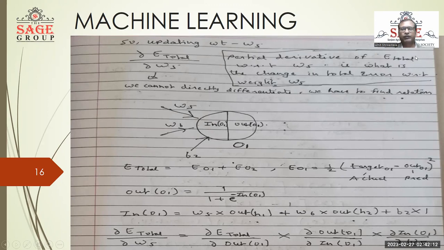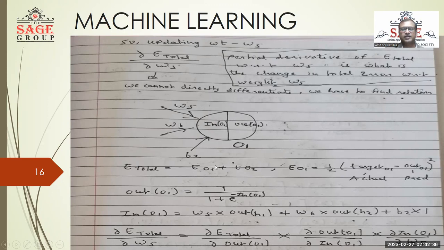So partial derivative of E total with respect to W5, this is what we need to calculate, right? That is, what is the change in total error with respect to this weight W5. So we cannot directly differentiate this total error with this W5. So we have to find some relation for that. Now, first of all, let us see.